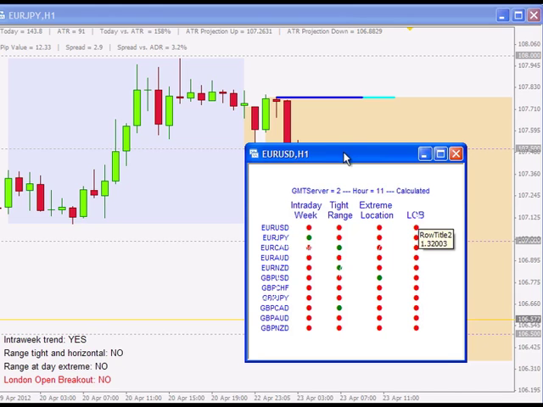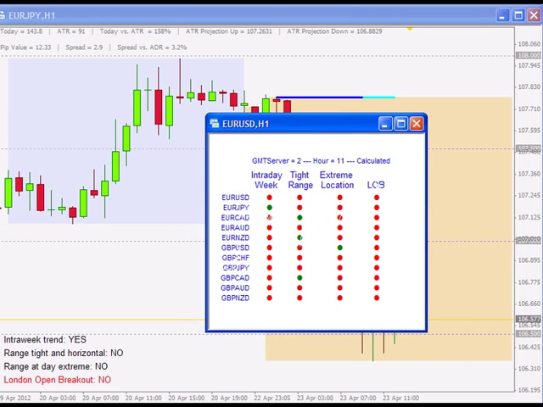What I personally do is simply pull out my scanner once a day, as the London market kicks off, or maybe a few minutes before the London market opens up. I take a quick look, see if any specific currency pair may give me an opportunity or not, and if yes, then I monitor those currency pairs for the rest of the day, or at least for the first few hours of the London session.